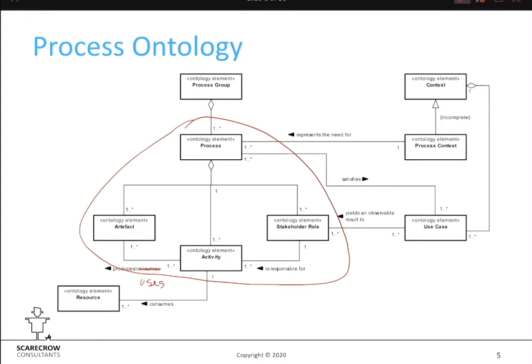And also associated with activities, I'm just going to come out of the central bit and down here on to resource, is the concept of the resource. Now, resources are consumed by activities, and the difference between resources and artifacts, as I say, artifacts are the things that the process is designed to produce.